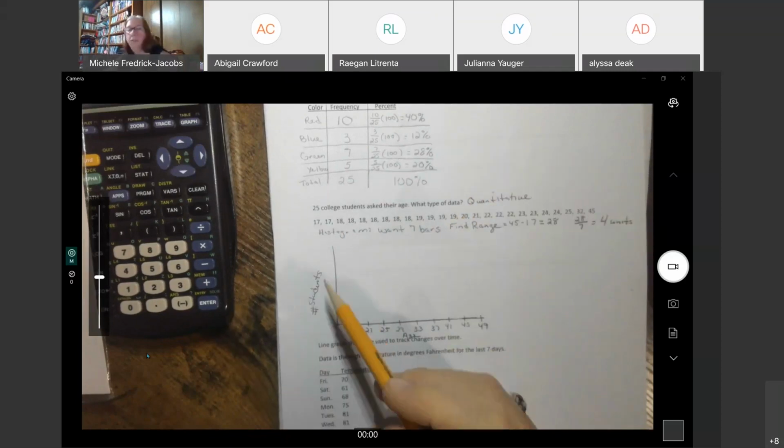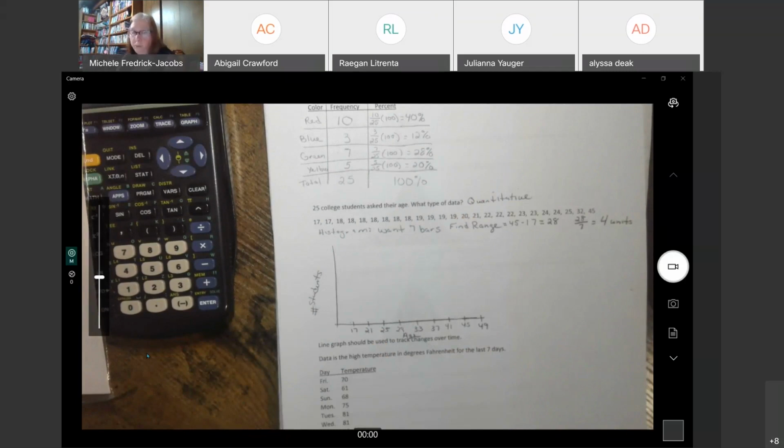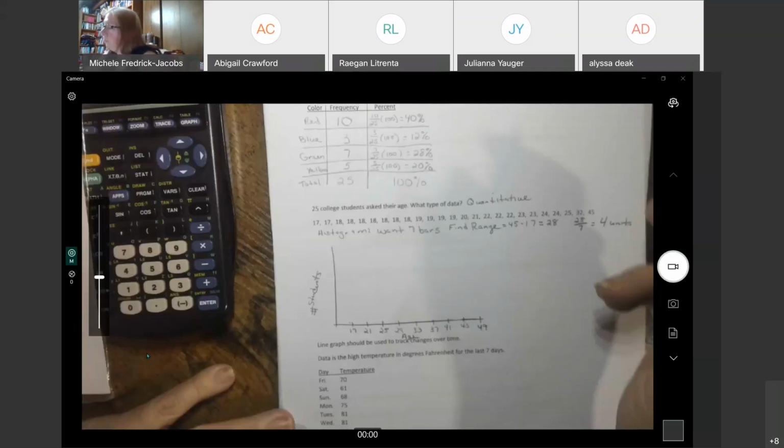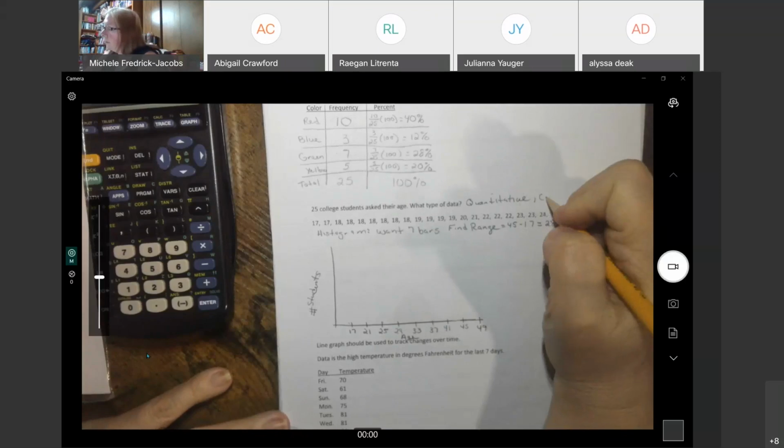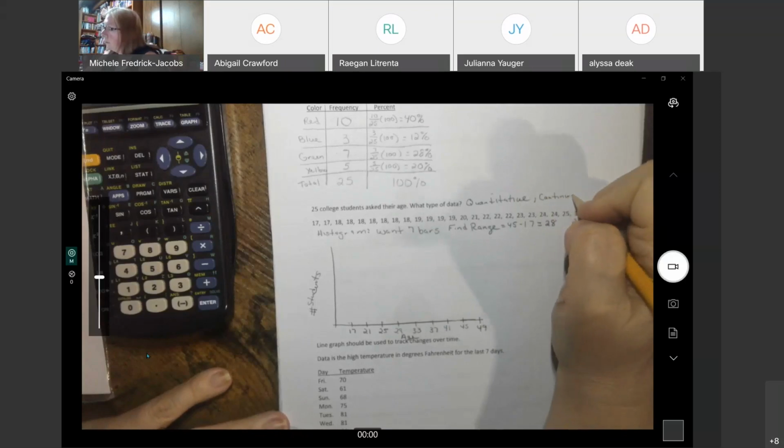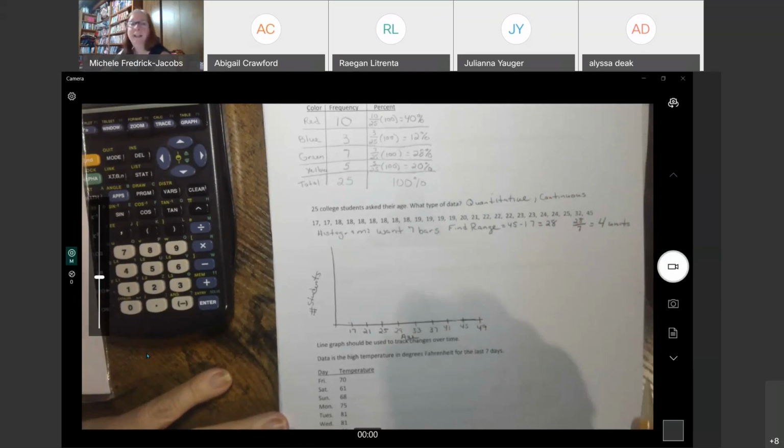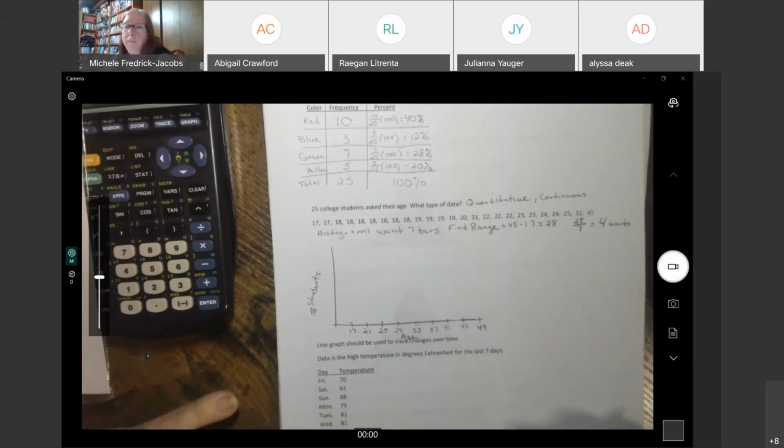Now, I just took the whole number, but it is continuous because you could be 17 and a half years old. So this would be continuous data. It's time. Any questions so far?